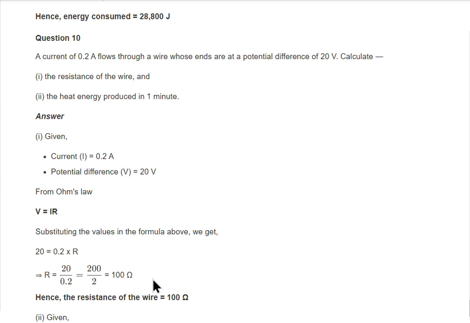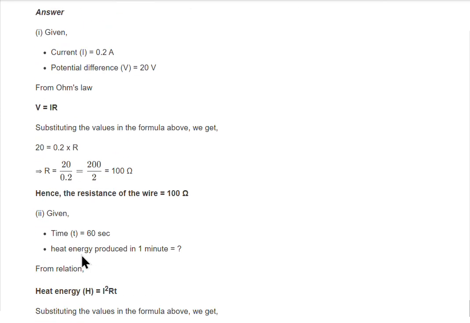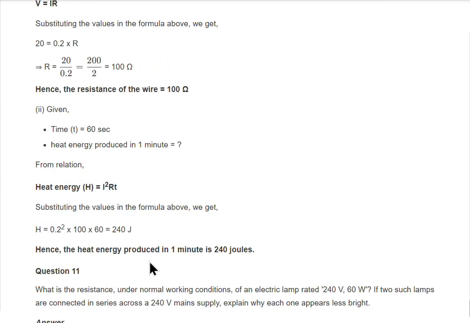So the first answer we got. Now heat energy produced in 1 minute, which is 60 seconds. Heat energy produced will be I square RT, that is 0.2 square times 100 times 60, which is 240 joule.